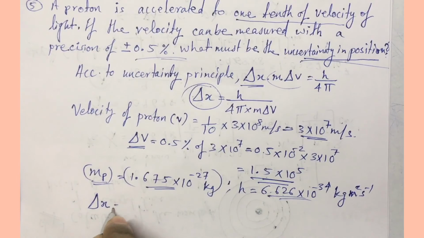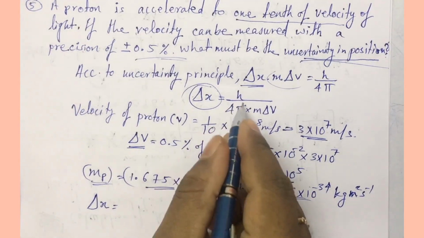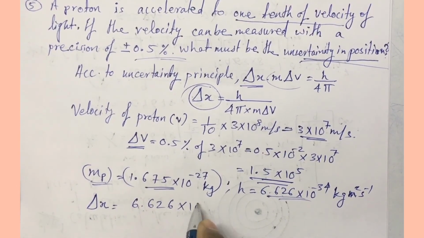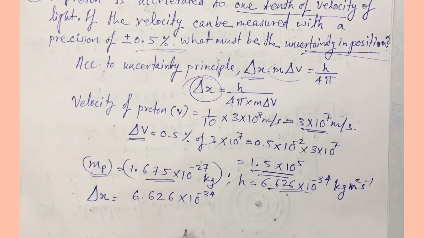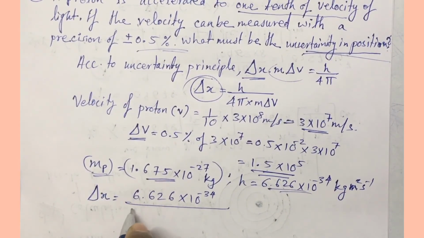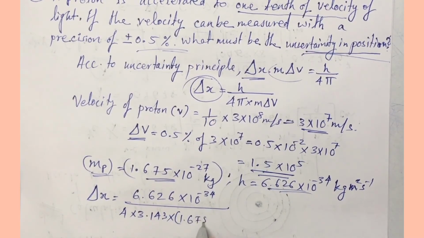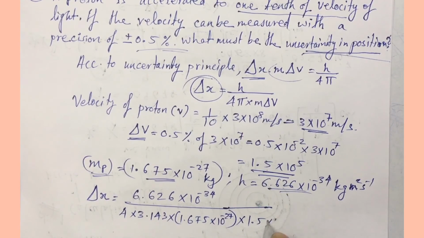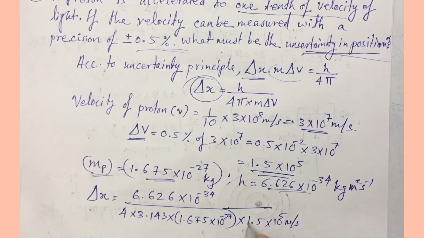Let us put it in the formula, I am not writing it again. h is Planck's constant 6.626 into 10 raised to minus 34 divided by 4 into pi, which is 3.14143, you can write exactly, into 1.675 into 10 raised to minus 27, the mass of proton, into the change in velocity, 1.5 into 10 raised to 5 meter per second.